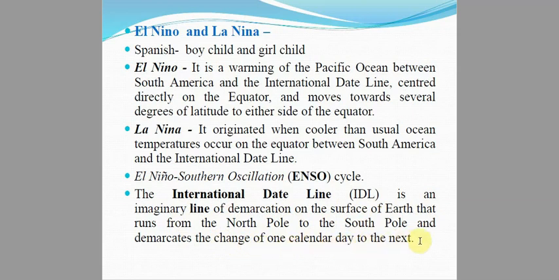You can just remember this definition if it helps you in any other concept. So basically it is a demarcation of the surface of Earth between the North Pole and South Pole in such a way that it demarcates the change of one calendar day to the next. So this is all about this lecture.